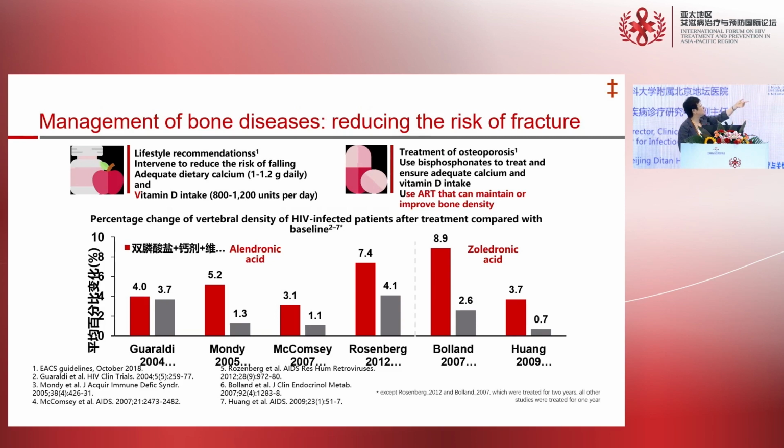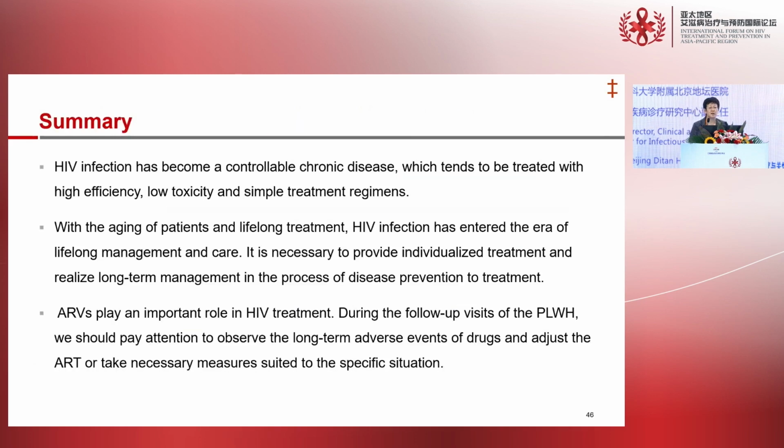There are other things that we can do, for example change of lifestyle, increased intake of calcium and vitamin D, and the use of hyaluronic acid or zoledronic acid. There are studies indicating increase of bone mineral density. However, I don't have experience with the use of zoledronic acid in our service.